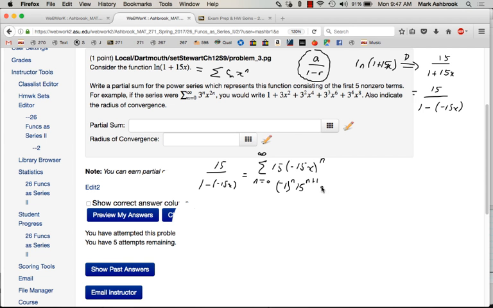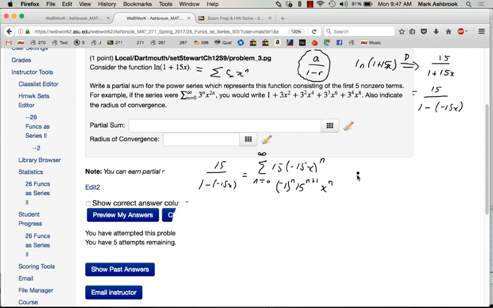And how many x's? n x's. Okay, so that thing right there is the same as negative 1 to the n, 15 to the n plus 1, x to the n.